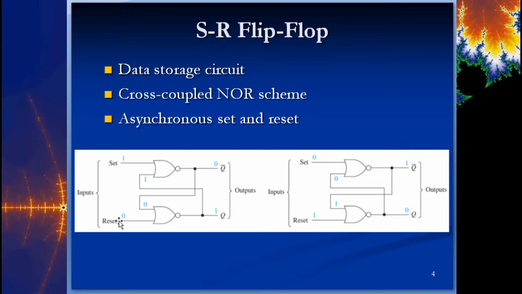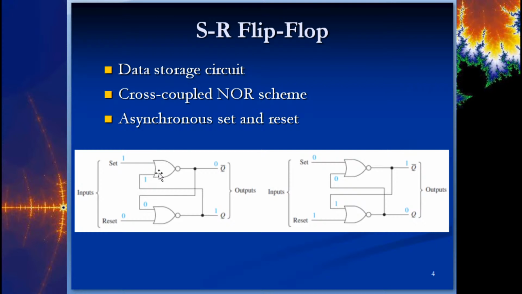So set is 1, reset is 0. That is the set condition. That means that Q is high and Q naught is low. Okay, if you have the opposite of that, if you have a 0, 1, this is what we call the reset condition. And so Q becomes 0 and Q naught becomes 1.